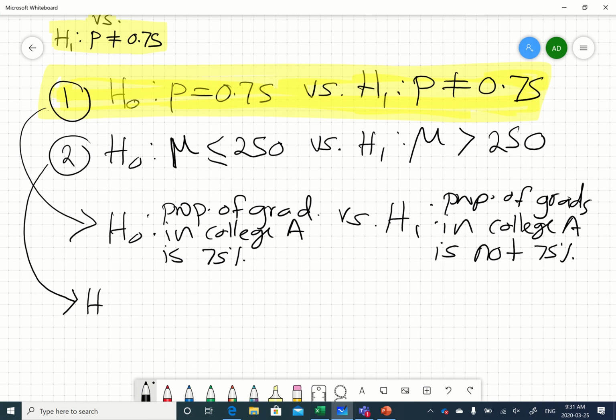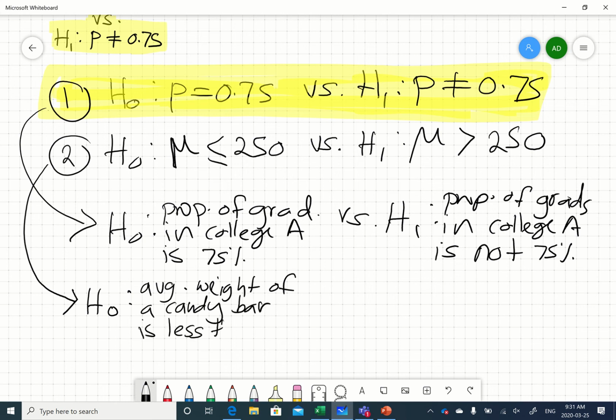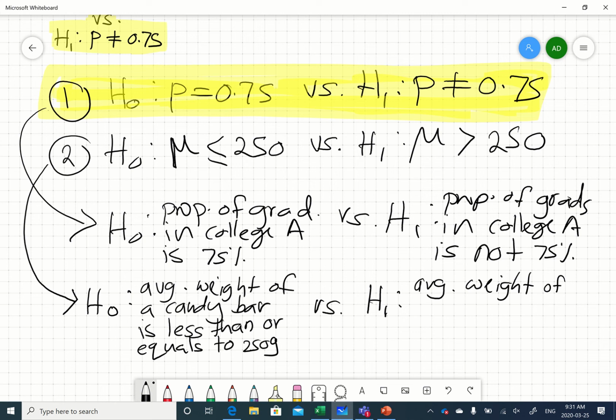So for this one, H0 is the average weight of a candy bar is less than or equal to 250 gram, versus H1 is the average weight of a candy bar is more than 250.